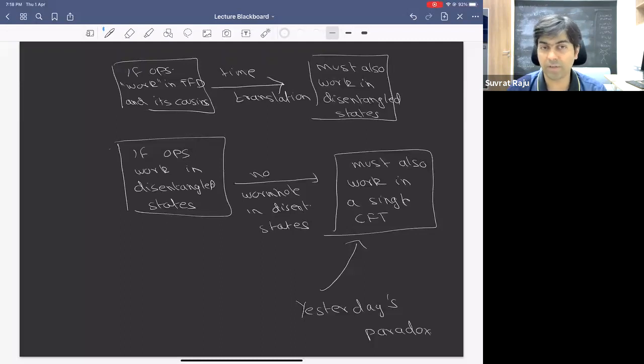But if they work in disentangled states, and disentangled states have no wormhole, then in fact they must just be operators from a single CFT. And we already know we cannot find operators in the single CFT that give us the right experience for an infalling observer from yesterday's paradoxes. So this is the full logic of the paradox.